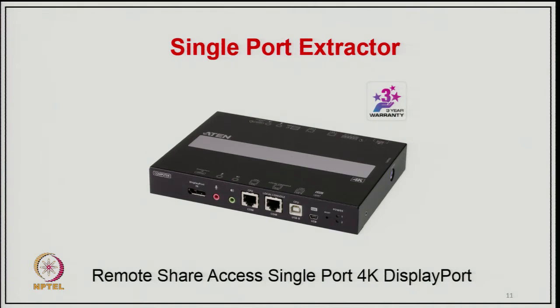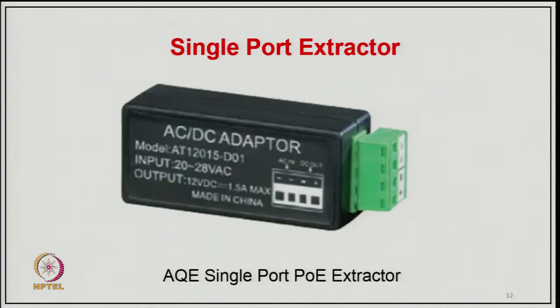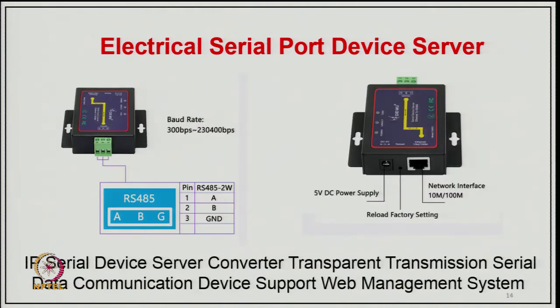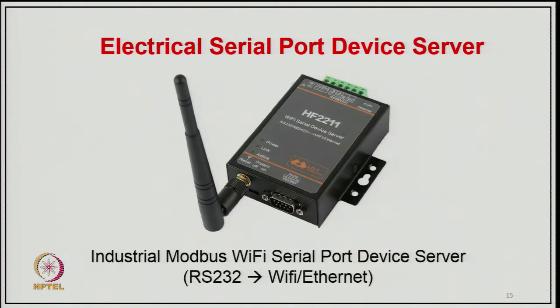Similarly, remote share access single port 4K display port. Another example is the AQE single port POE extractor. Then the electrical serial port server, considering the industrial one port RS232, RS422 or RS485 serial device server, or this IP serial device converter for transparent transmission serial data communication supporting a web managed system.